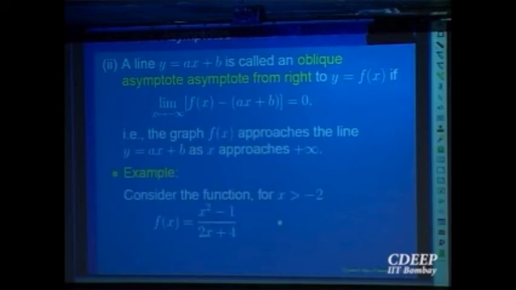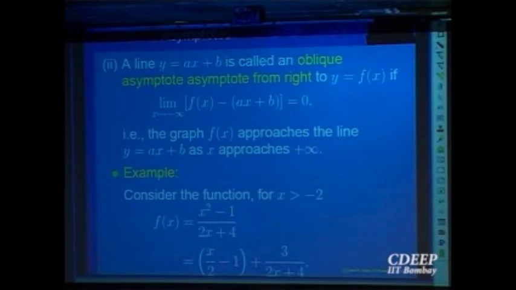So normally, how would you try to find an oblique asymptote, if any? You will have to separate out the part which you think is a line which the function is going to come closer to. For example, look at (x squared minus 1) over (2x plus 4). The degree of the numerator is bigger than the degree of the denominator, so you can divide and write it in this way.